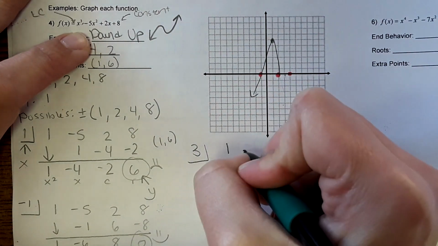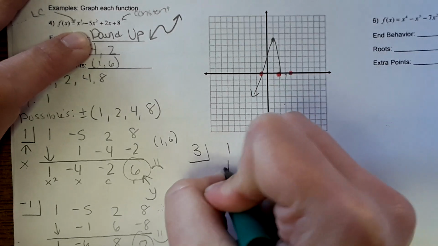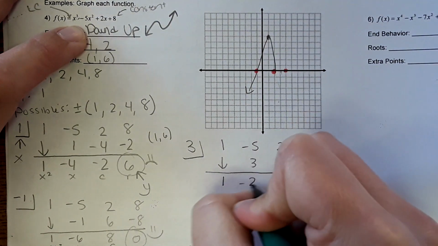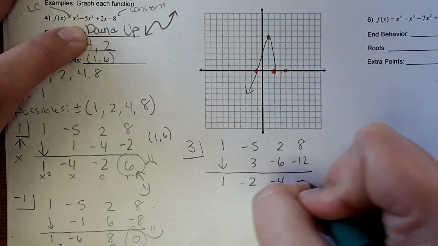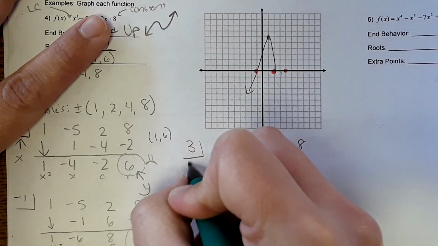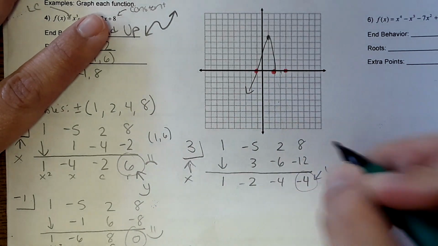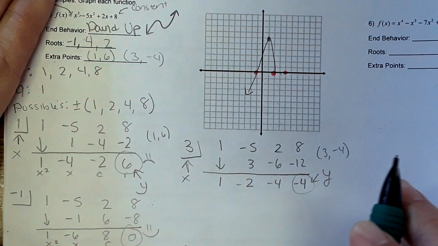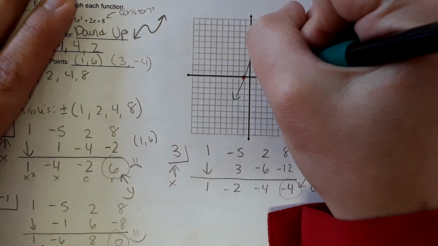Using the coefficients, this would be my x, and this remainder is now the y. So 3, negative 4. And then plot that point.